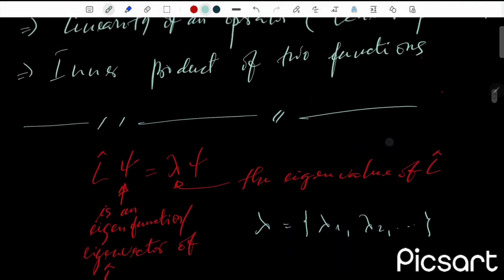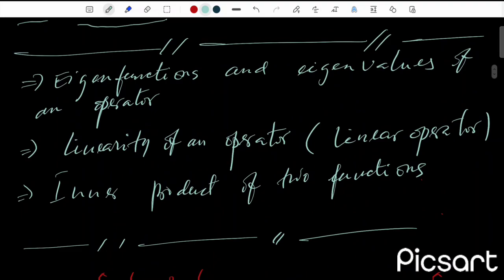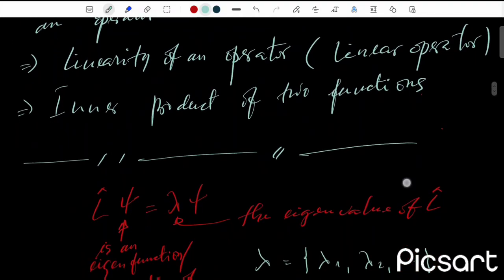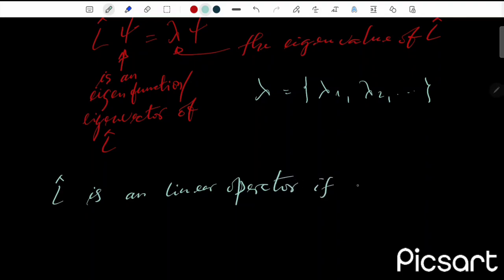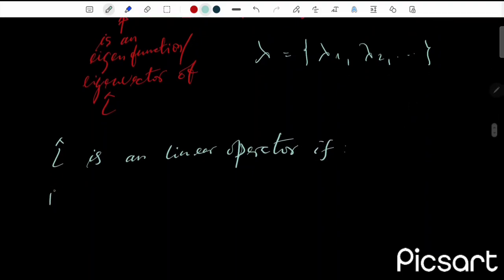Now we can go on talking about the linearity of an operator. We say that L is a linear operator if it satisfies these two conditions.